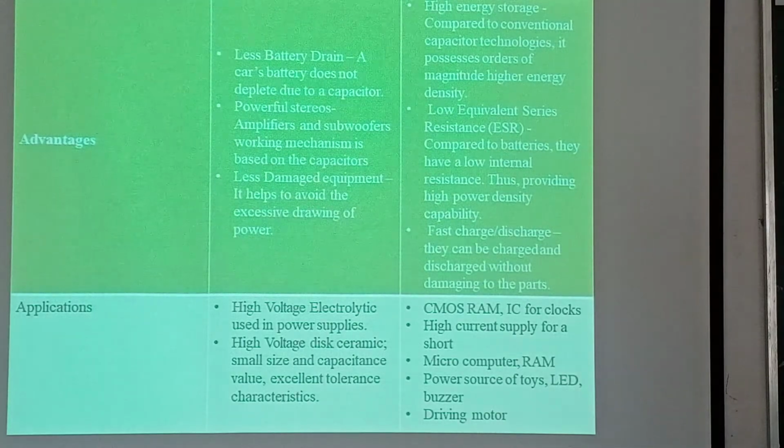The advantages of capacitors: less battery drain. A car battery does not deplete due to the capacitor. Powerful stereos, amplifiers and subwoofers work based on capacitors. Less damped equipment will help avoid excessive drawing of power. Whereas in supercapacitors, there is high energy storage compared to conventional capacitor technologies, orders of magnitude higher energy density, low ESR, and fast charge and discharge.